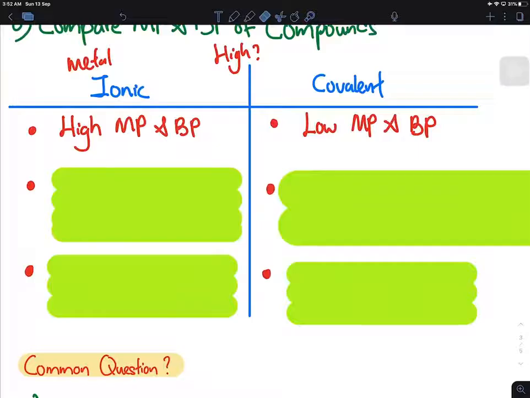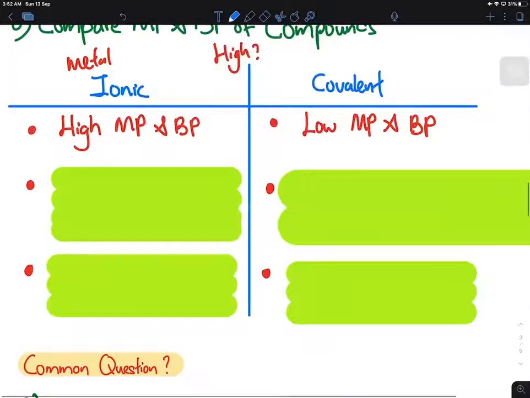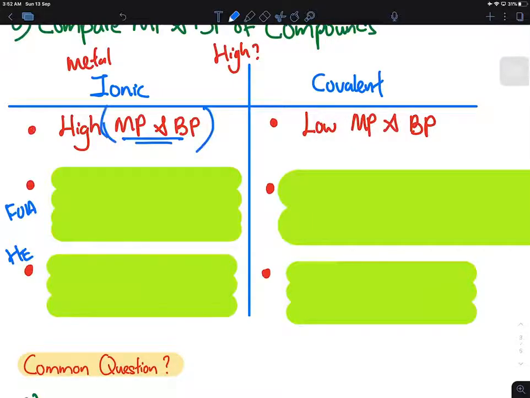Explanation, as I said, melting and boiling point in chapter 4, what I mentioned before. For melting and boiling point, we must include force of attraction and heat energy to overcome. For force of attraction, we must mention the name. So what is the name of the force used in ionic compound?